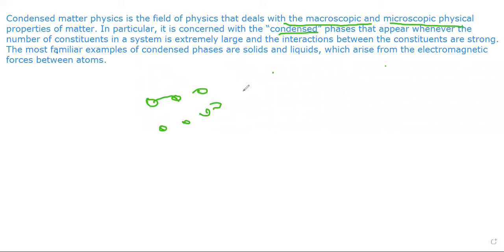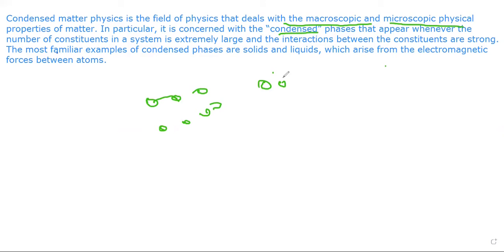In solids, what we have learned from our basic school education is that the constituent particles are very close and the force of interaction between them is very large. Something similar holds for liquids, but in liquids the spacing between the constituent particles is somewhat greater than in solids, and the force of interaction is weaker compared to solids.